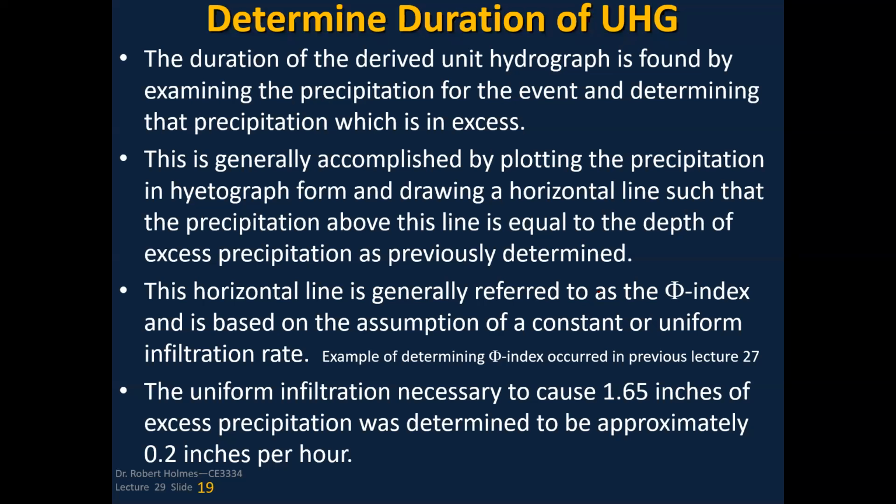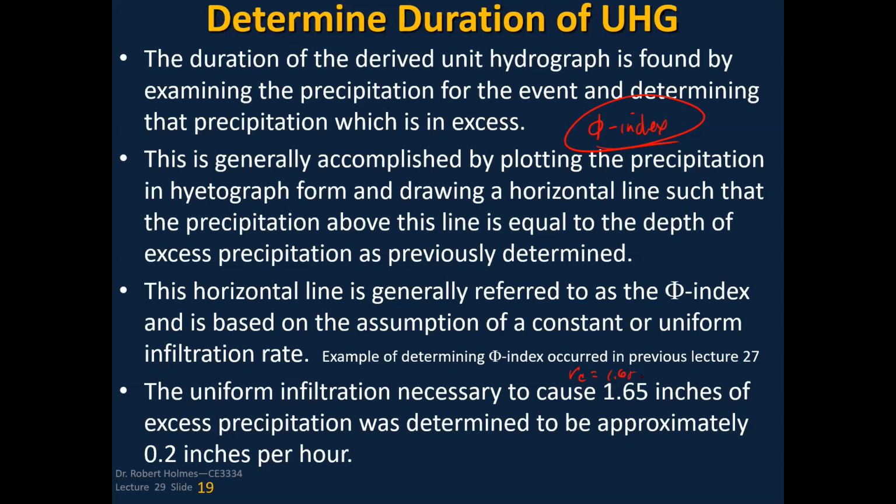To do that, I'm going to have to determine a phi index. That phi index is going to be used to figure out the amount of rainfall that's actually the excess precipitation. If I take that R sub D equal to 1.65, I can determine the phi index.